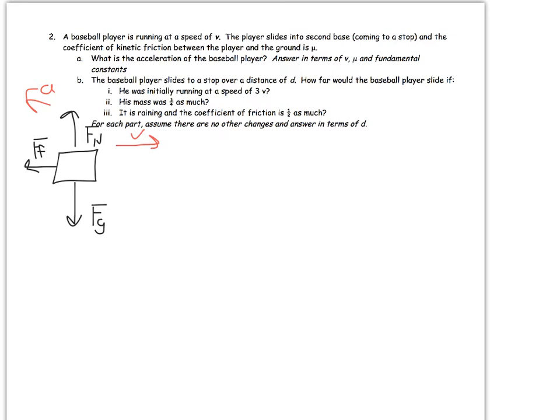Now, we're going to go ahead and set up our max and our may here. We have forces in two directions. And you might be saying, but we don't know the mass, we don't know a lot of things, and that's okay. We're still going to set up max and may like we always do. So in the y direction, we have Fn minus Fg, and that's going to be equal to 0 because my y acceleration is 0.